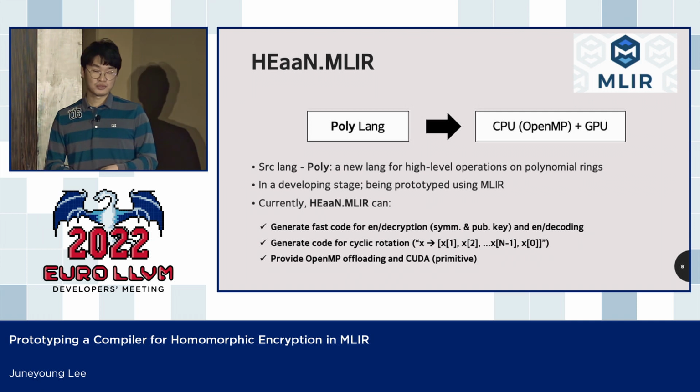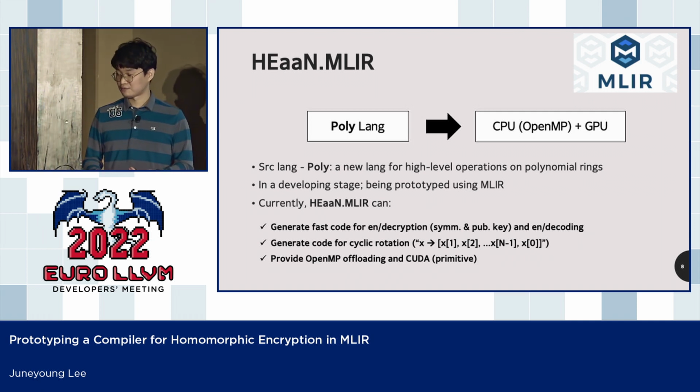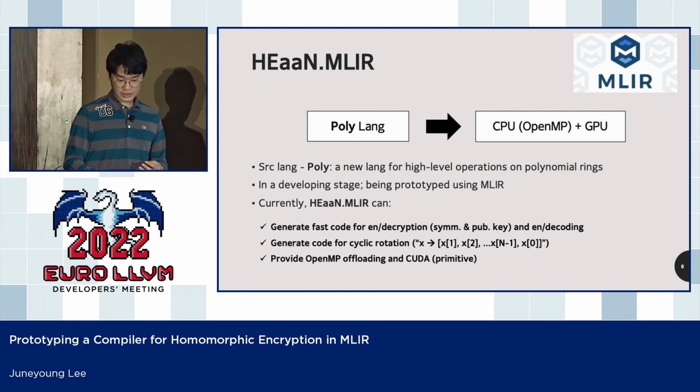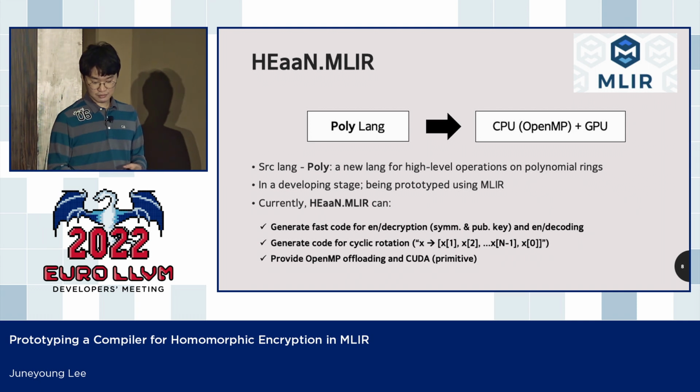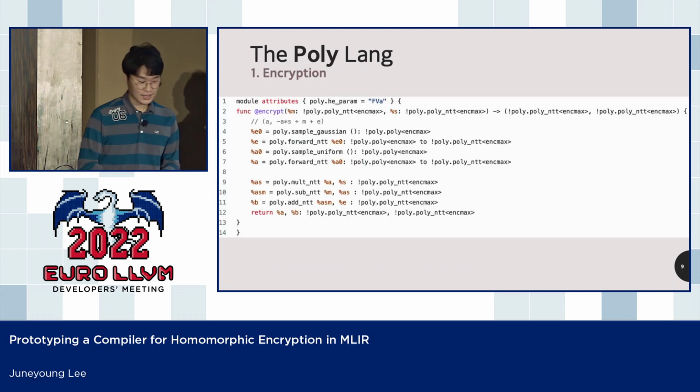Rotation operation is very important in the homomorphic encryption world because it is heavily used, for example, in doing matrix multiplication. Also, it currently provides OpenMP offloading and, in primitive cases, it supports CUDA offloading as well.